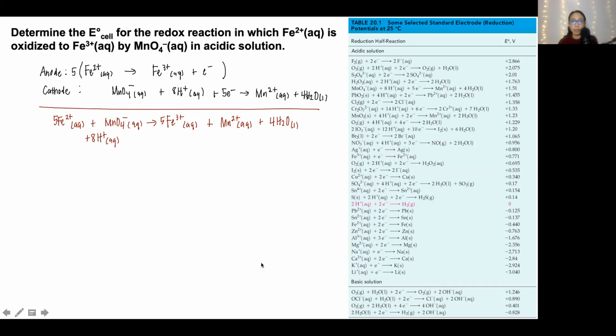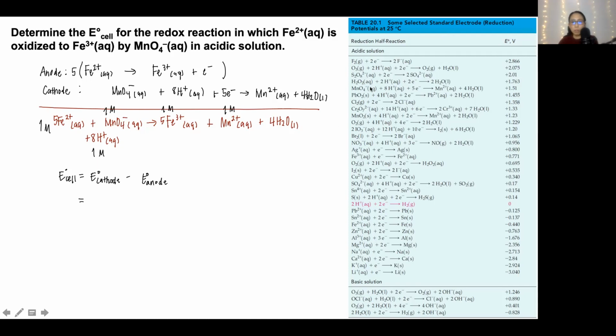Now, how do we get the standard cell potential? Again, it's indicated it's in the standard state. So it means that the concentrations of our ions are 1 molar. So you need to always keep in mind that at standard state, the concentration should be 1 molar. So again, the formula for our standard cell potential is the standard reduction potential of your cathode minus the standard reduction potential of your anode.